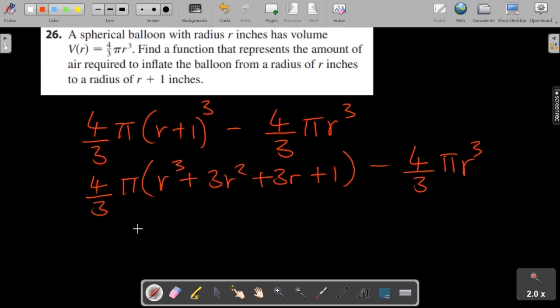Then we can factor out the 4/3 pi because it's common. That would leave us with r cubed, and we're going to take this r cubed there just so we have the like terms next to each other. So that would be minus r cubed. Then we can copy everything else.